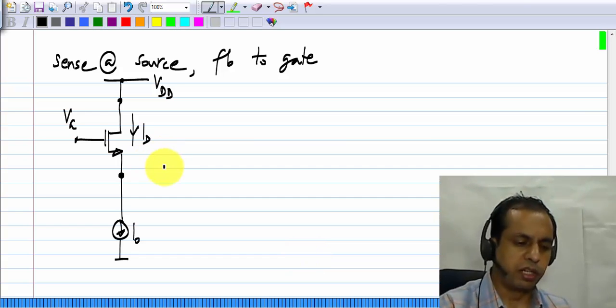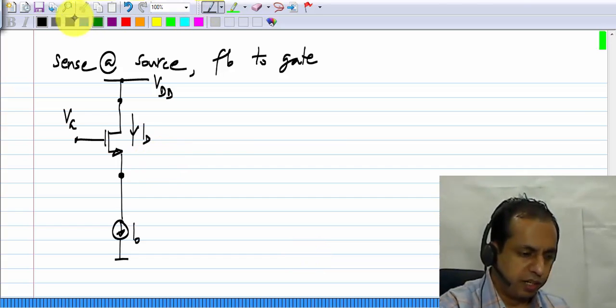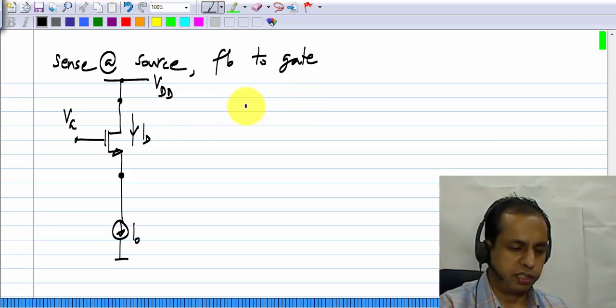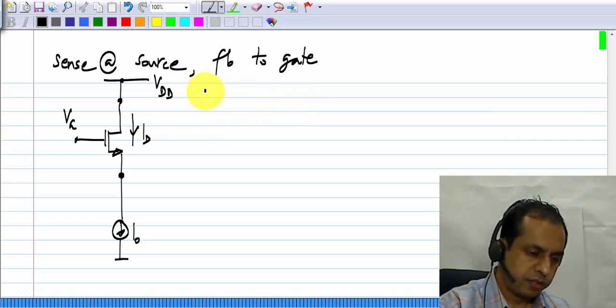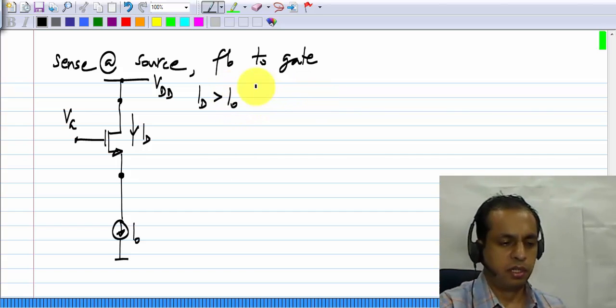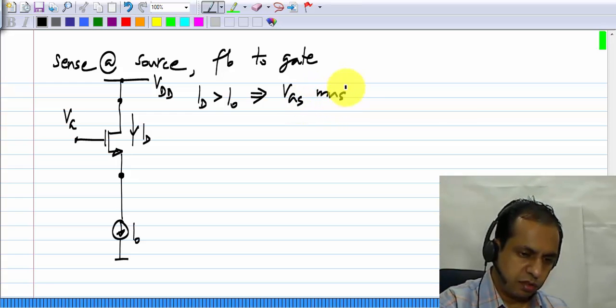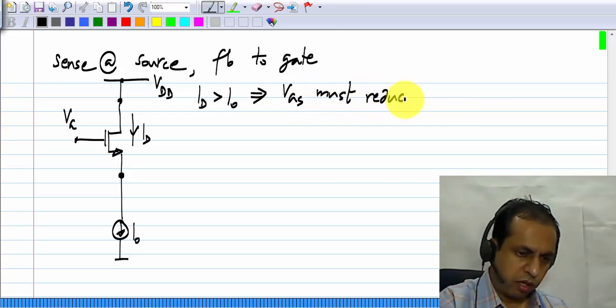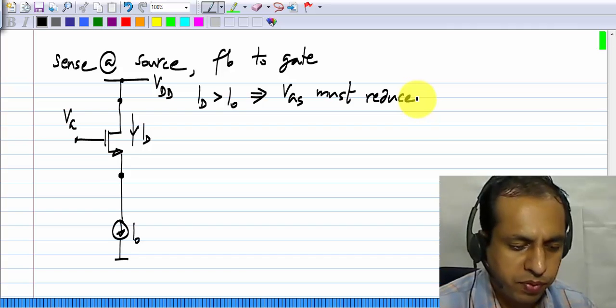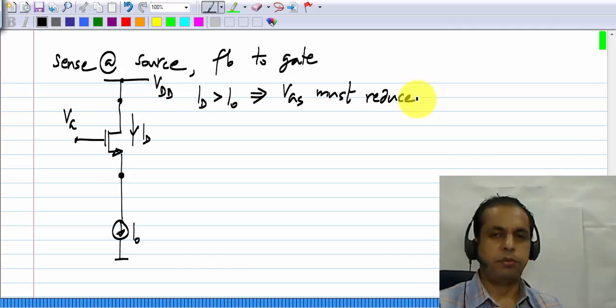Now, the source terminal is not exactly fixed, but still we can go through our chain of reasoning. If ID is too large, that is, it's larger than I0, what must happen? VGS must reduce.